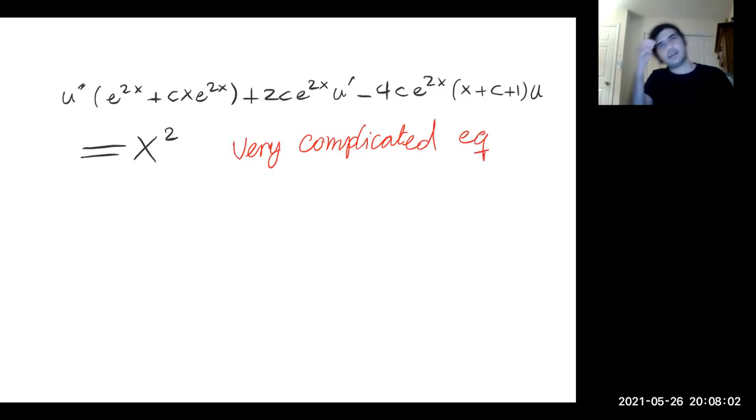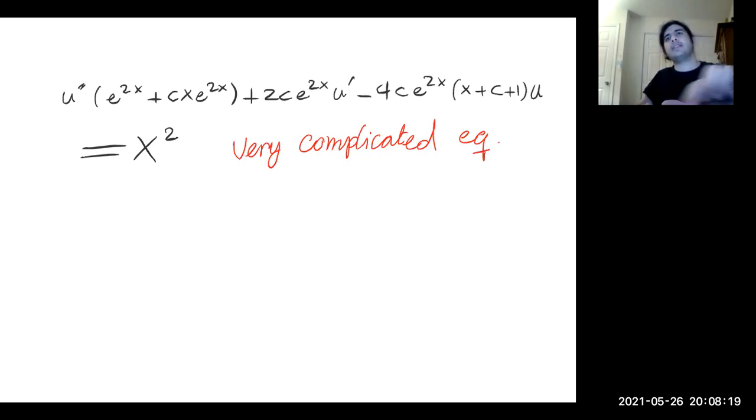It's a second degree ODE, but it is quite complicated. I'm not even sure if it has a solution. There's a great chance that there isn't any solution.